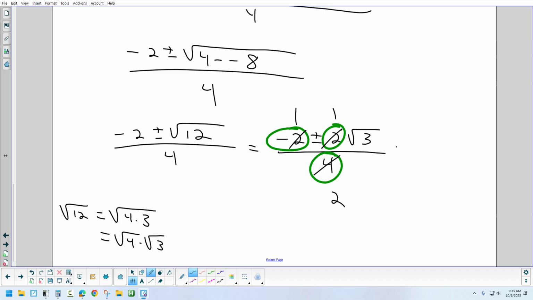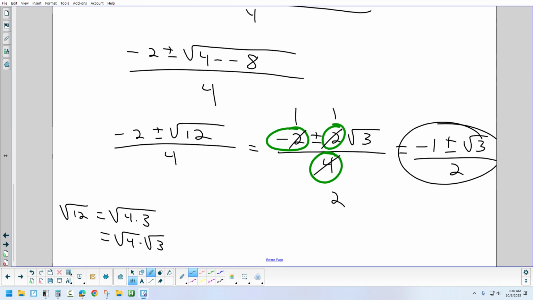So the final answer we're going to get is negative 1 plus or minus, you don't have to write 1 times the square root of 3, you just put square root of 3 over 2. Okay, so that would be a fully simplified answer to a quadratic.